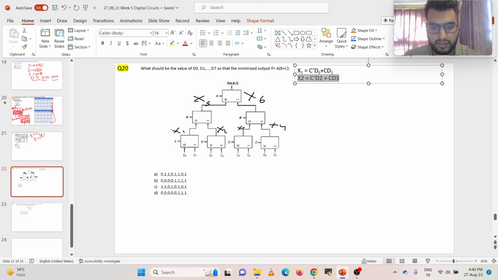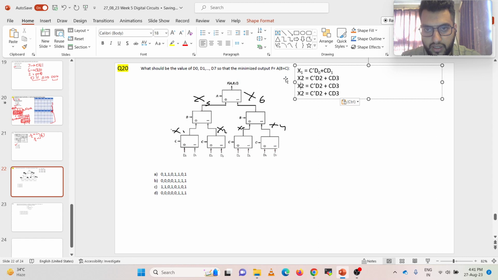Let me copy this for x3 and x4. So x3 will be equal to C bar D4 plus C D5, and x4 will be C bar D6 plus C D7. So these are your x1, x2, x3, x4.